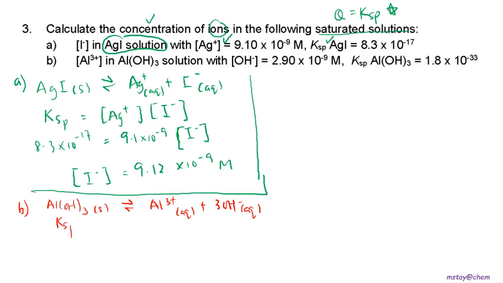KSP expression this time will equal to concentration Al3 plus and concentration OH negative to the power of 3. Now in this case, the KSP value given is 1.8 exponent negative 33, and then concentration aluminium 3 plus has no idea.